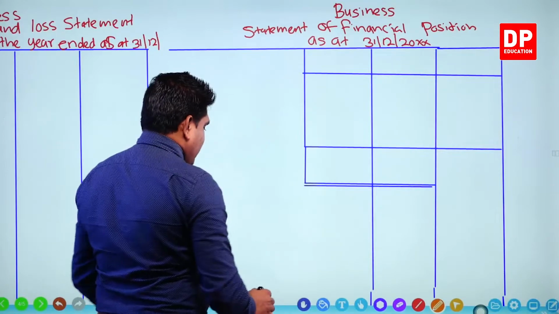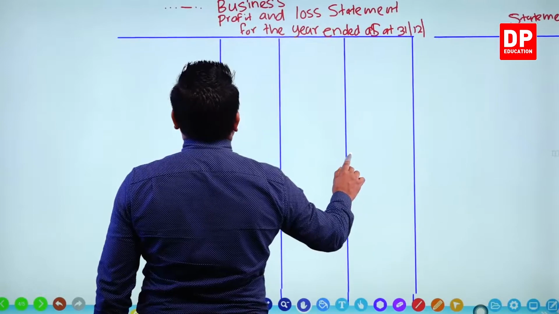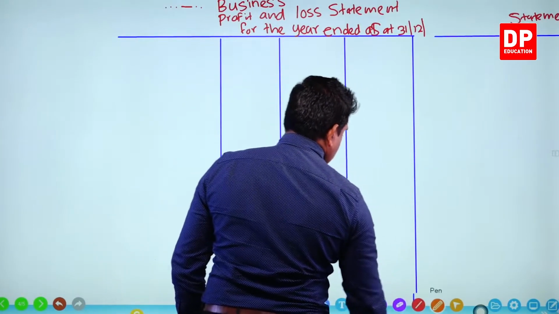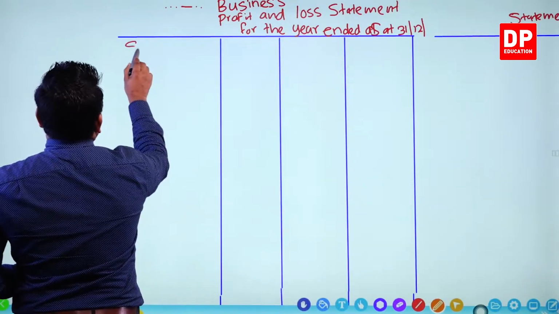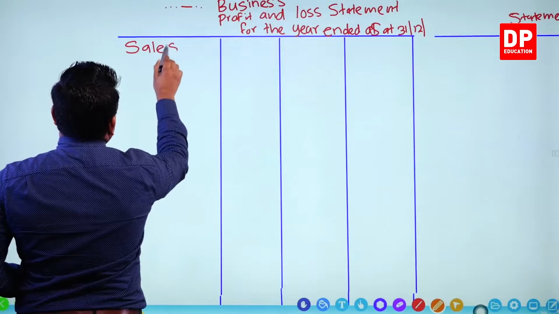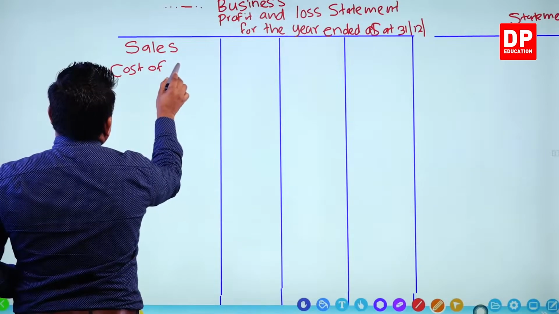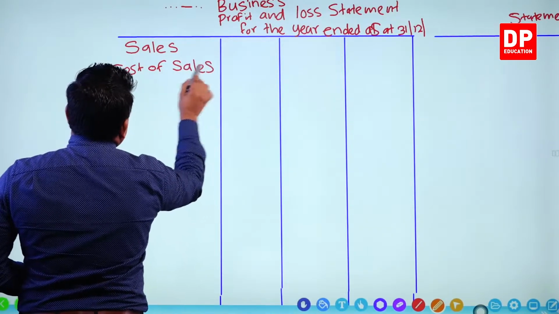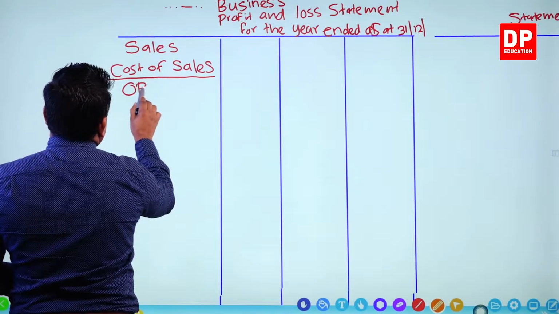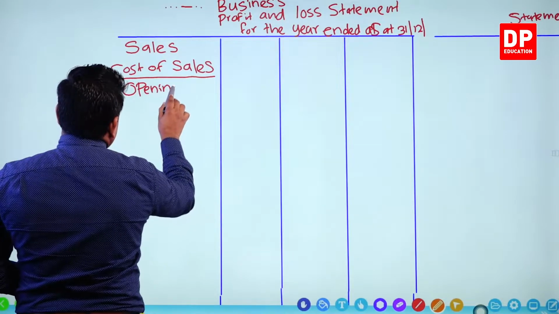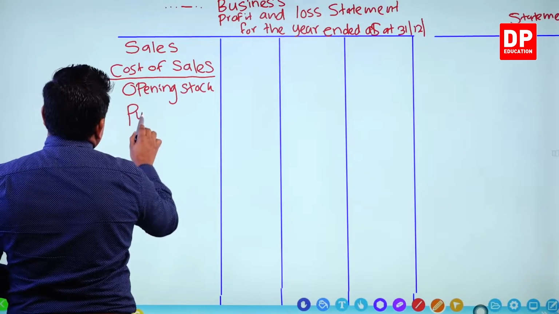Okay, now we can classify the details. On the top of the profit and loss statement, what do we write? I think you remember, we have practiced more questions now. On the top we write sales. After that, cost of sales. Here you underline. Opening stock. After that, purchases.